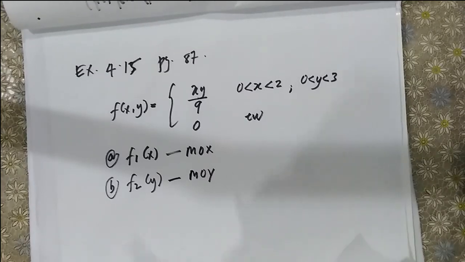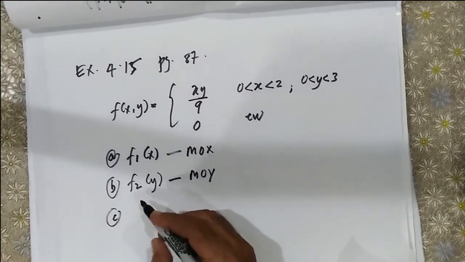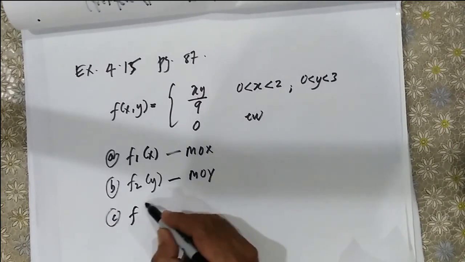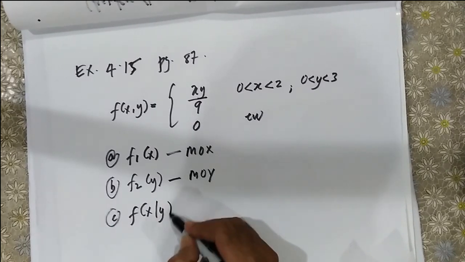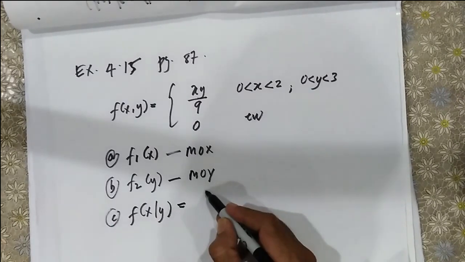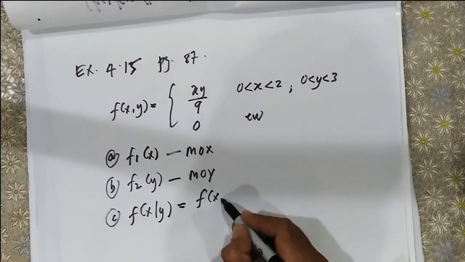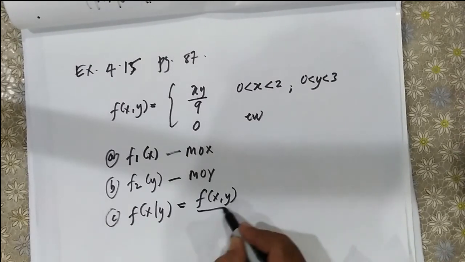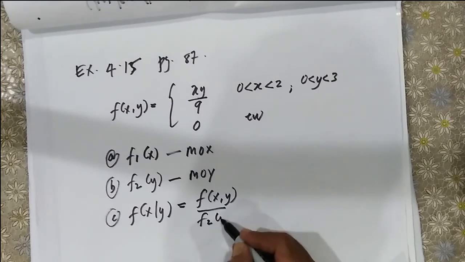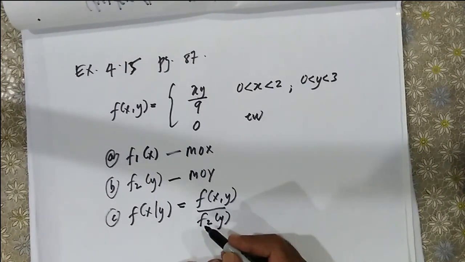And then I want to find f(x) given y, which is equal to f(x,y) divided by f sub 2 y.